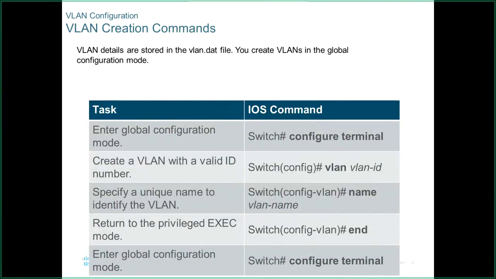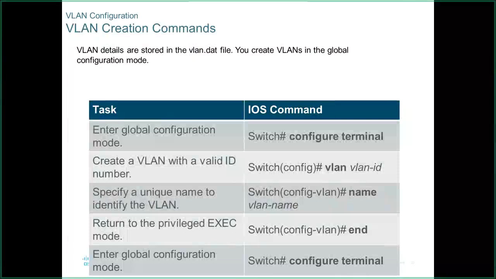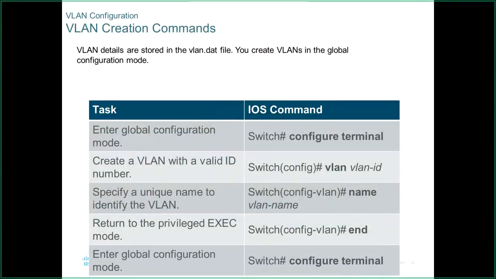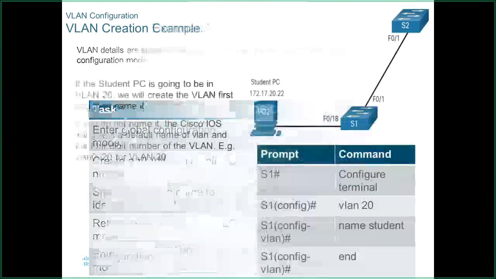So the VLAN ID is what is actually used in the trunking system. So the number. The name is for us humans to tell us what that VLAN's for. So whether it's a voice or specific data, like an HR network or something like that. That's what the name's for.